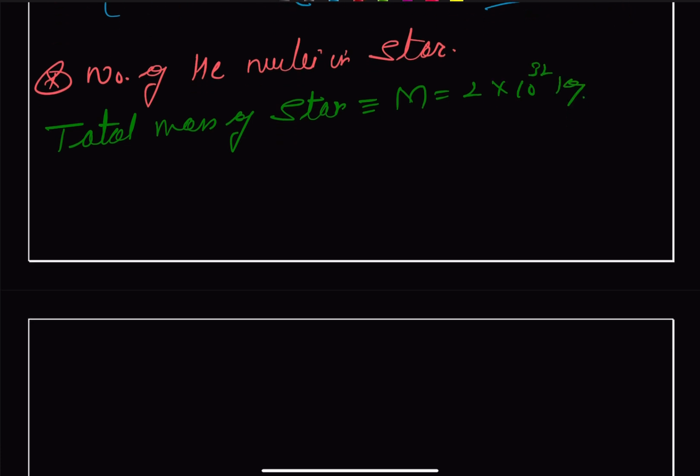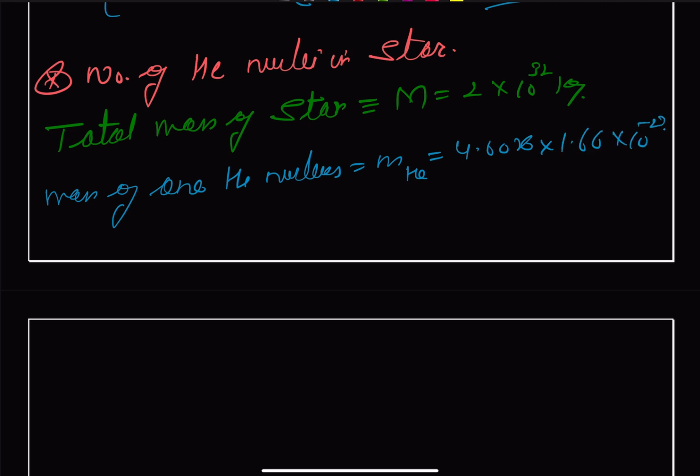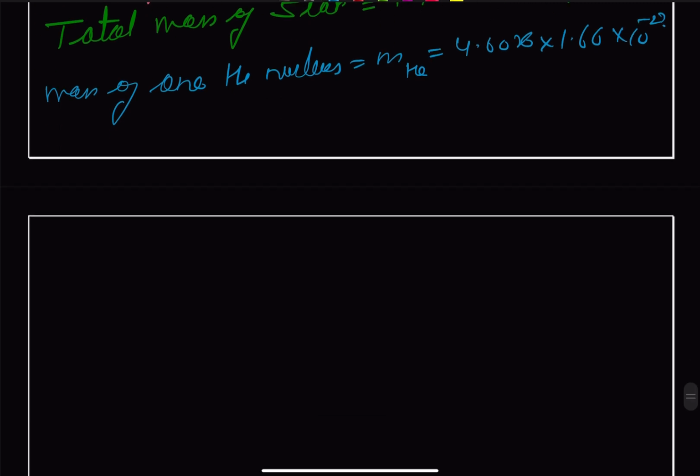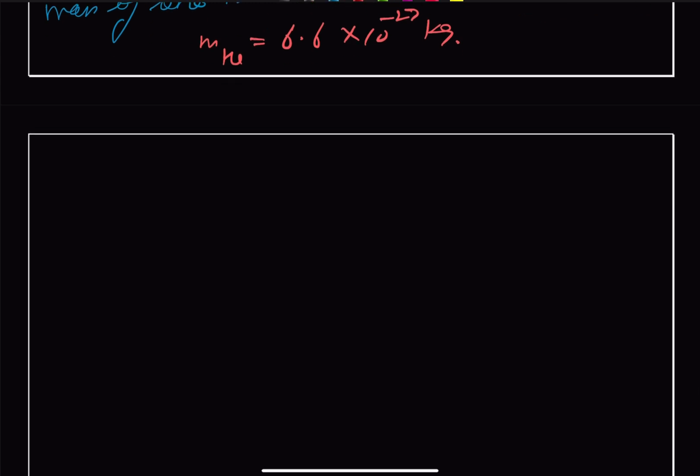And the mass of one helium nucleus, let us suppose M He, will be equal to 4.0026 multiplied by 1.66 into 10 to the power minus 27, and we get the mass of helium as 6.6 into 10 to the power minus 27 kg. Now we can easily find the number of helium nuclei.